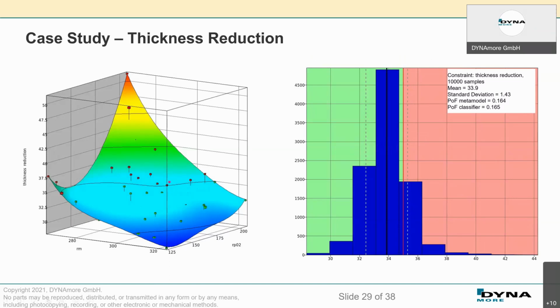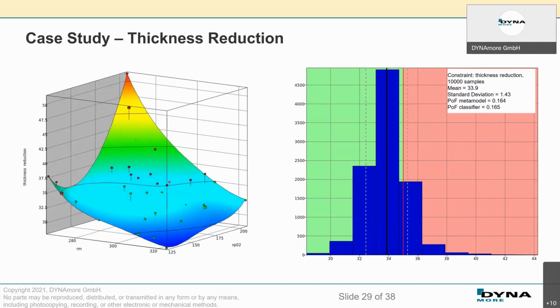We see that the mean value is definitely within the green area, which is good, but we have quite a large part within the red area, which means the constraint is violated. And this is what you also see in the values for the probability of failure. 16% is quite a lot, which is definitely not good enough to use that model for production in this case.